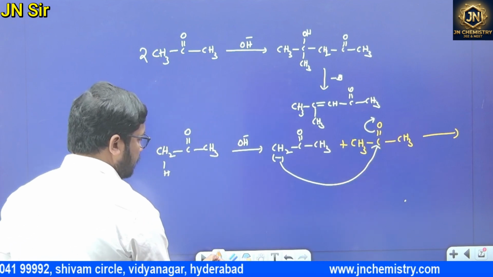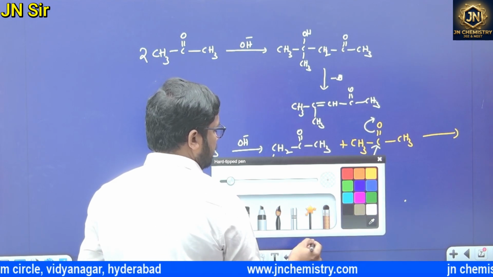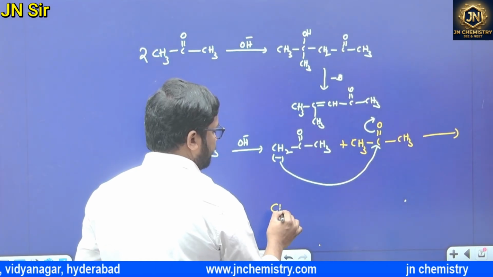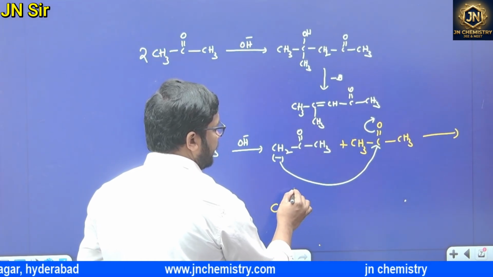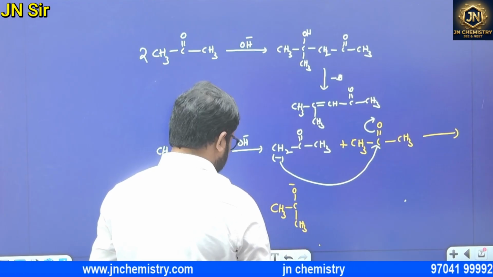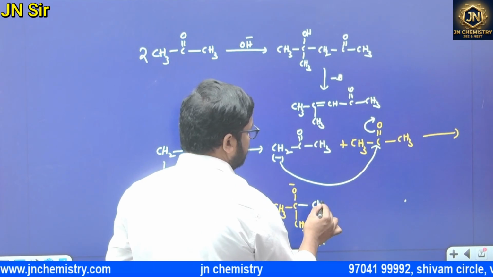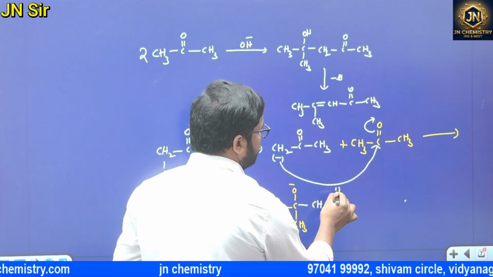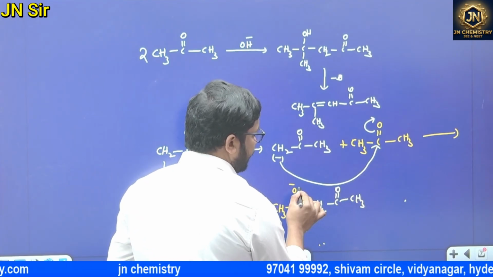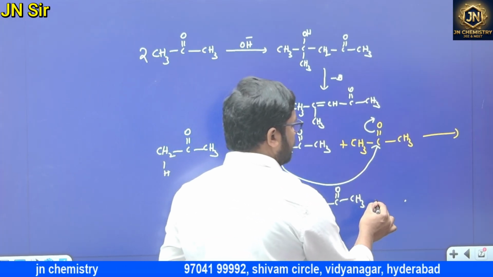How will we get the product? CH3, CO minus, I am writing like this, CH3. So from here onwards I am writing in color. CH2, C double bond O, CH3. I am adding the H plus here itself and removing the water directly.